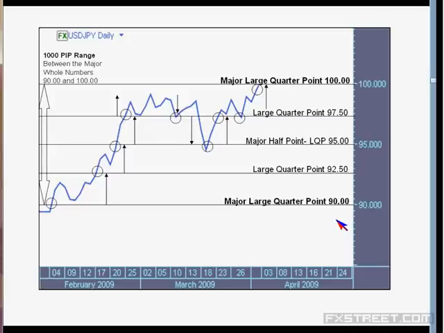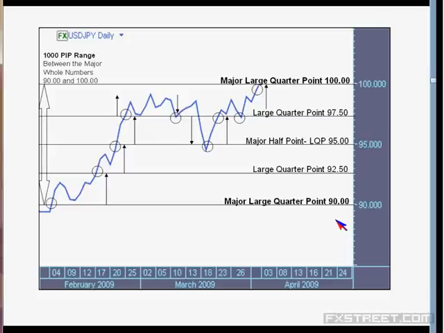And here is the beauty, ladies and gentlemen. The outcome of both events, whether a large quarter is completed or whether it is not successfully completed, always leads to a price move that targets a familiar price level. What would be that price level?